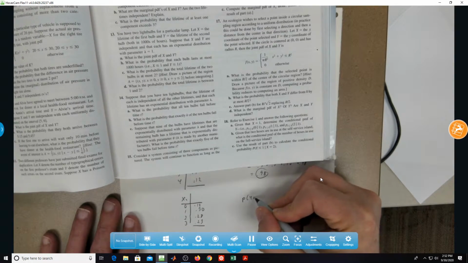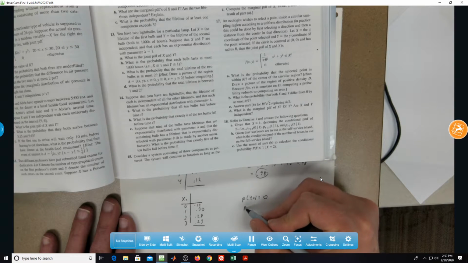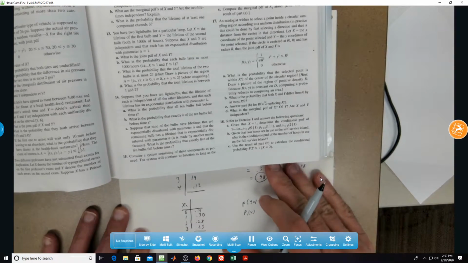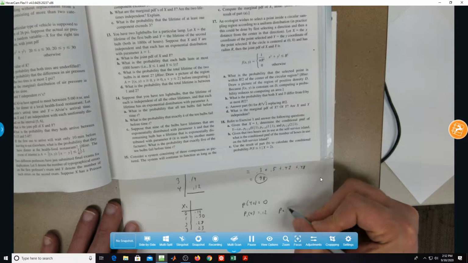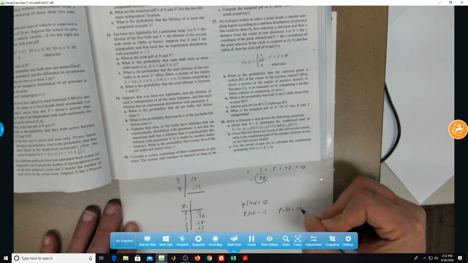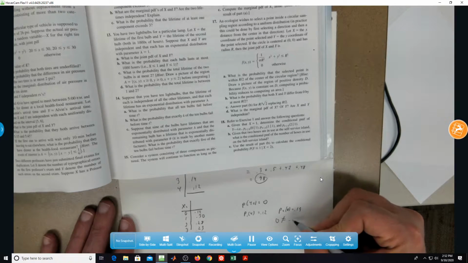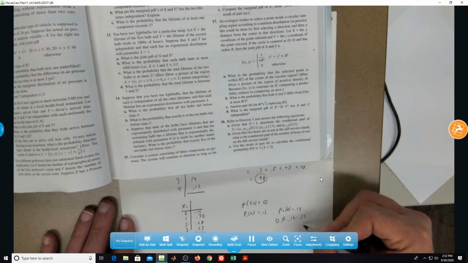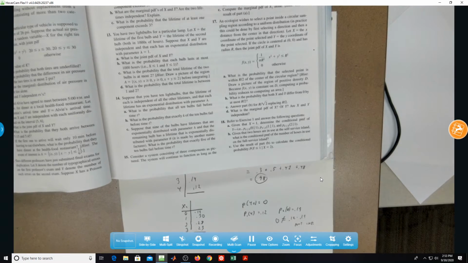P of (4, 0) equals 0, but P1 of 4, which is up here, is 0.12, and P2 of 0, which is there, is 0.19. But those are not equal. 0 does not equal 0.12 times 0.19, so they're not independent. The express and super express do depend on each other.